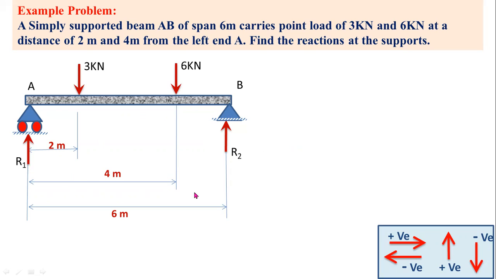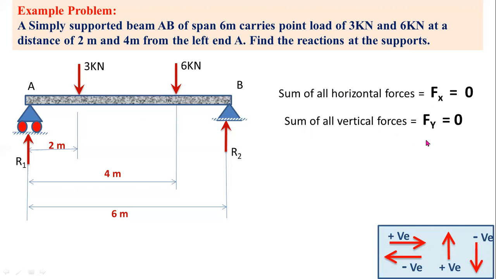For determining the reaction forces R1 and R2, you have to consider these sign conventions. Here there are no horizontal forces, so sum of all horizontal forces equal to 0. Now here there are four vertical forces: R1, R2, 3 kilonewtons, 6 kilonewtons. So sum of all vertical forces Fy equal to 0. Here R1, R2 are positive sign, and 3 kilonewtons, 6 kilonewtons are negative sign.